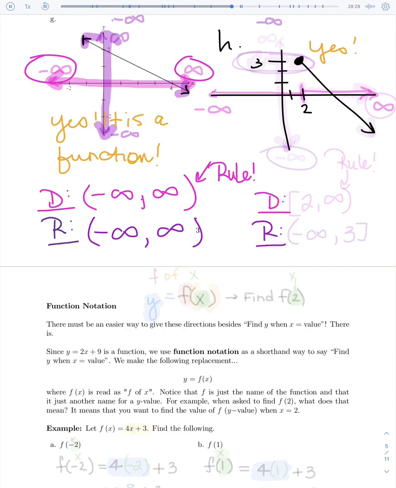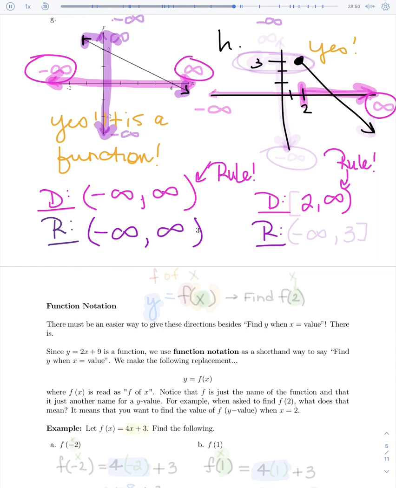So this graph along the x-axis starts at 2 and continues on to the right forever. So for our domain, it's going to start at 2 and then go off forever towards the right, towards infinity. Well, we already know infinities always have parentheses. That's a rule again. We talked about that a second ago.